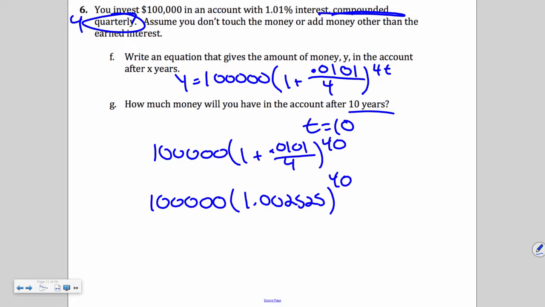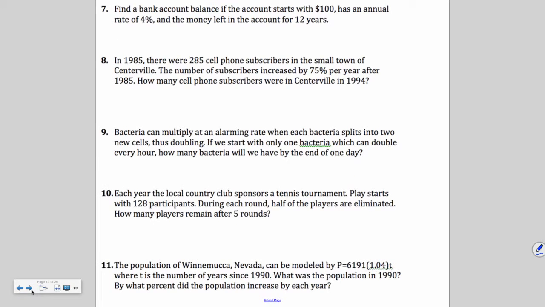And now you can calculate it all out in your calculator, and you should get $110,613.58. The rest of these problems are much the same.